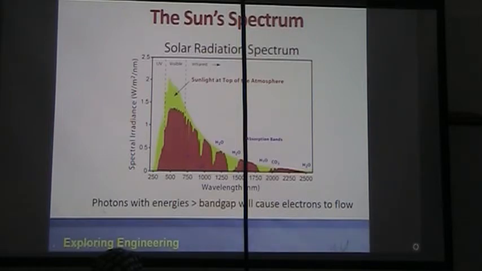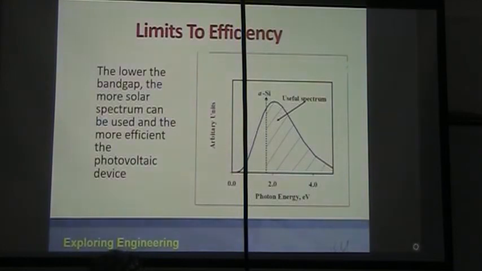All right, so as long as our photons have energies that are bigger than our band gap, we'll have electrons flowing. So the lower our band gap, the more of the solar spectrum we can use. And the more efficient our photovoltaic device is going to be.